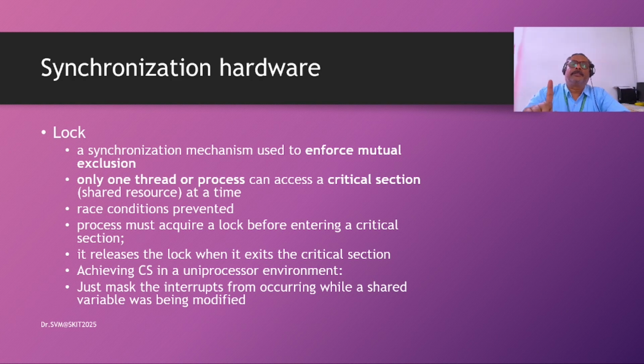When one process is given a chance to use the shared resources, we forcibly mask all the interrupts and allow that process to get into the critical section, and the moment it comes out, the interrupts are unmasked.